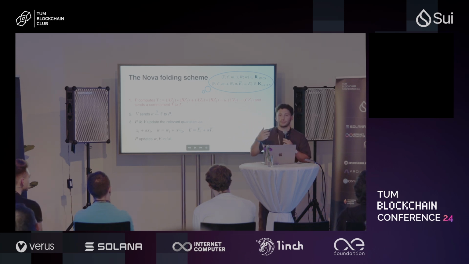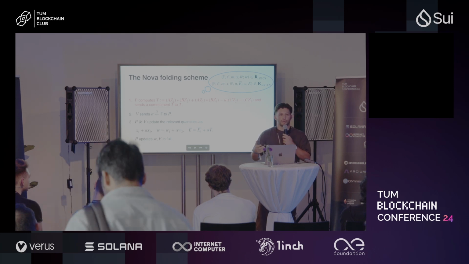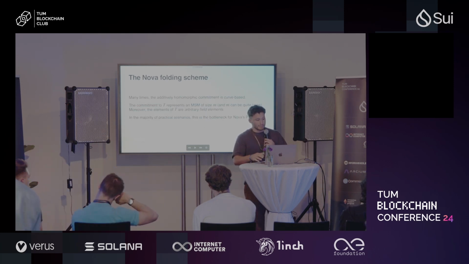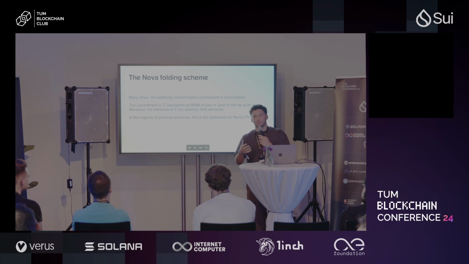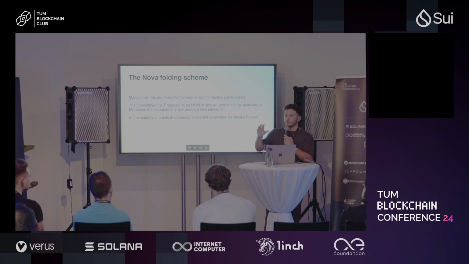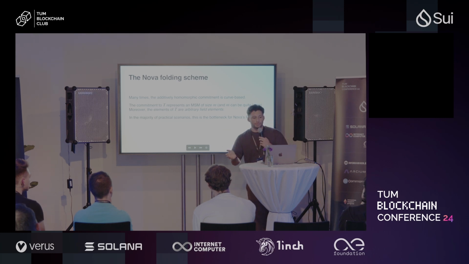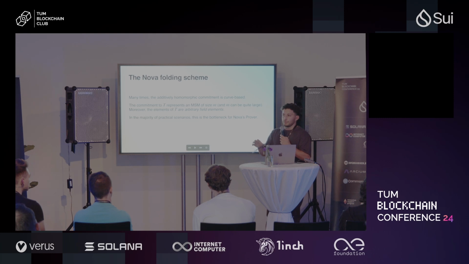If you've ever seen additively homomorphic commitments, you know that many times they are curve-based. So when you try to commit to this cross term, it's essentially a multiscalar multiplication over the group defined by this curve. And moreover, and that's the important point, the elements in the cross term are arbitrarily large.